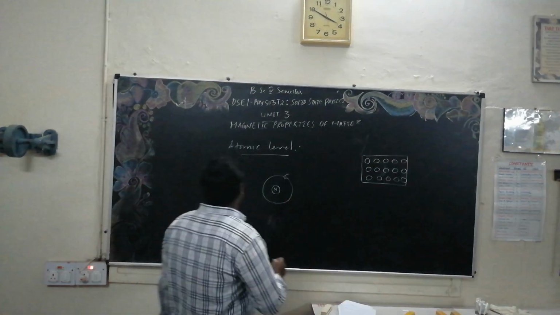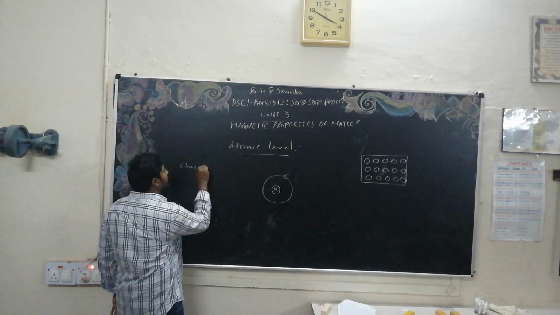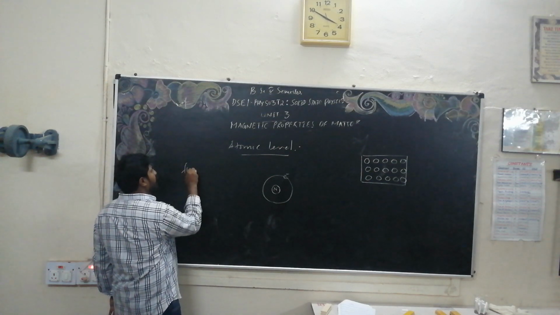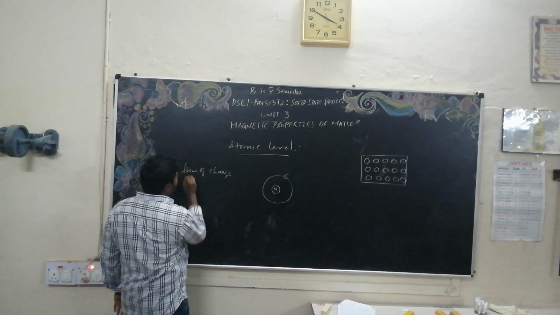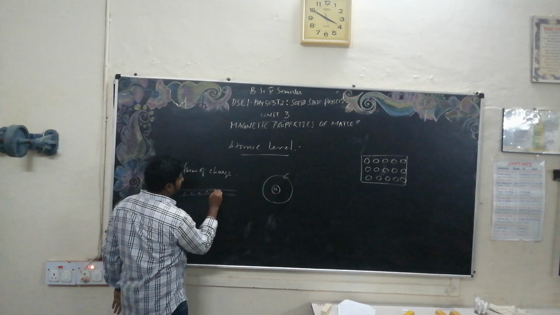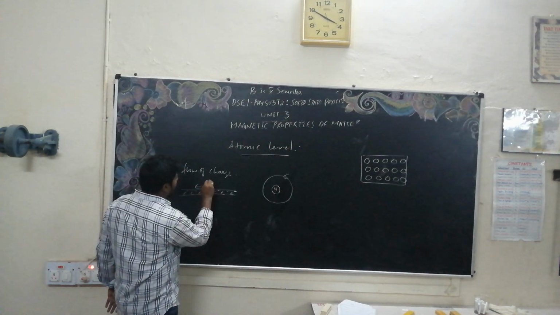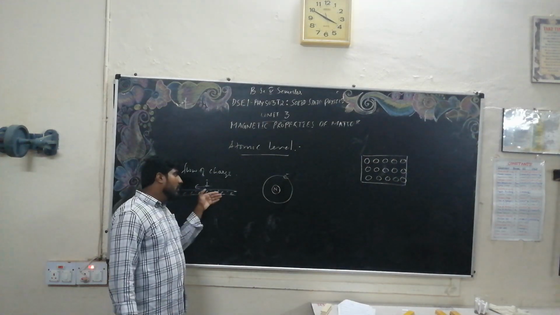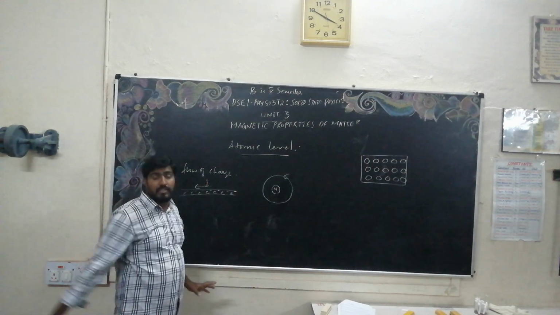Well, now as we know, if there are charges flowing, consider the charges are flowing in this direction. The current will develop in this direction. The direction of the flow of the charge is this, whereas the current is induced in this direction.